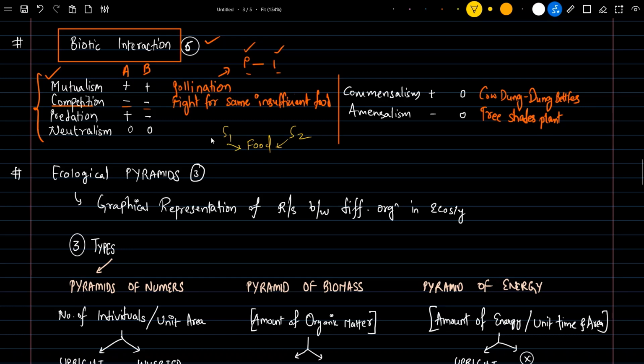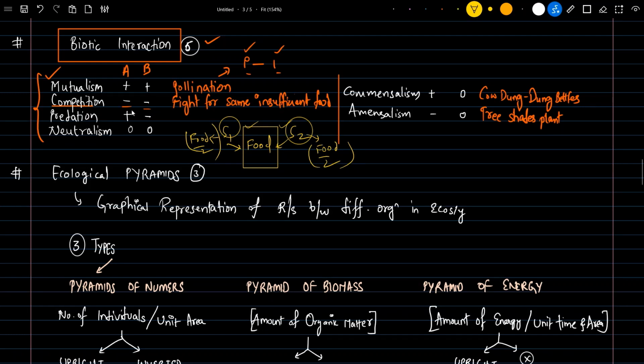But species one will be getting food by two, and species two will be getting food by two, as both are sharing. But they both need complete food to survive, and they are getting only half. So they are not fulfilling their needs because of sharing. So it is competition.